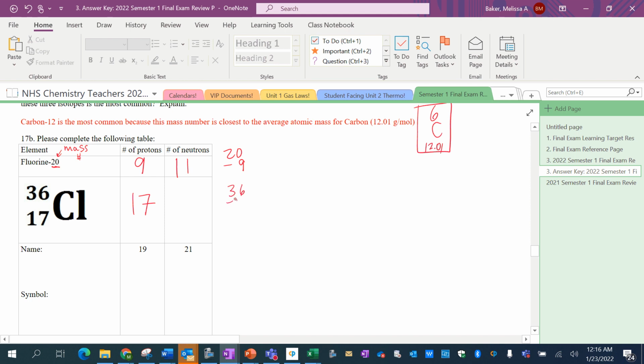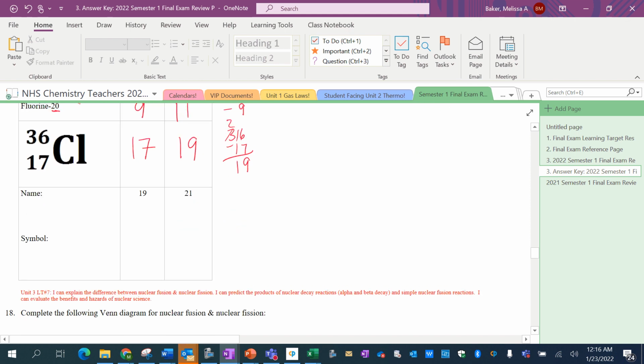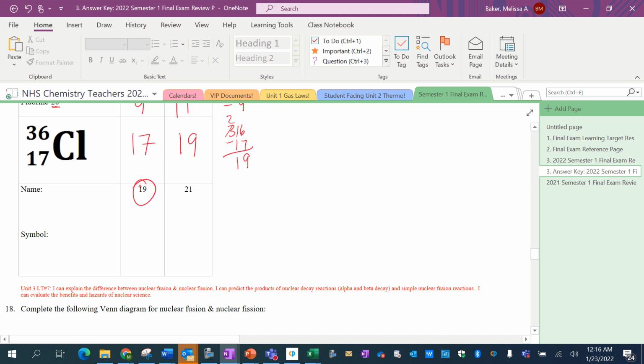And then 36 minus 17 will give us the number of neutrons. 19. And number 19 is potassium. So this would be potassium dash 19 plus 21 is 40. And its symbol would be K with a 19 and a 21.